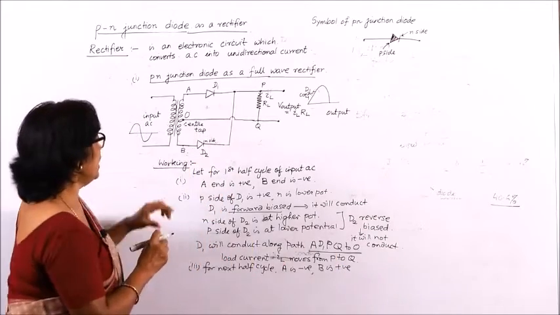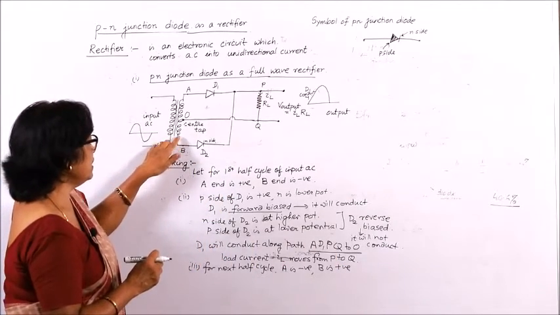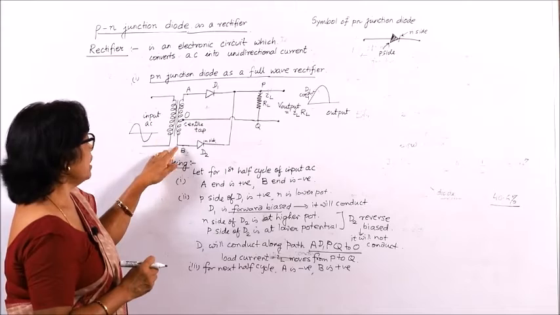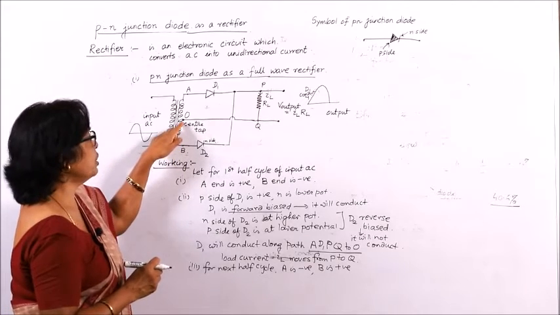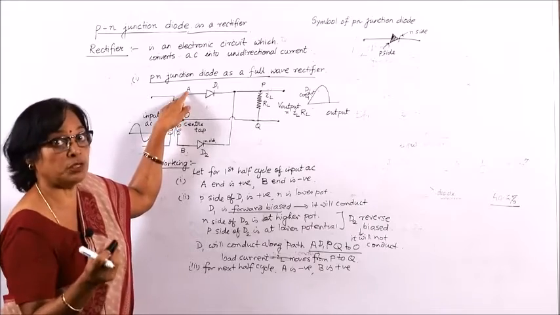That means the potential is more here and decreases upwards. So, B is at a higher potential, A is at the least potential.